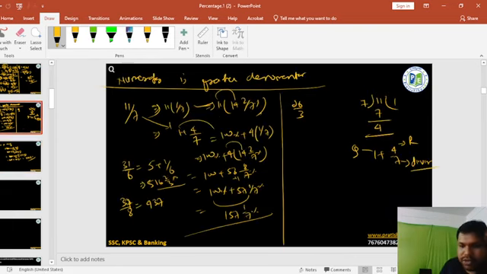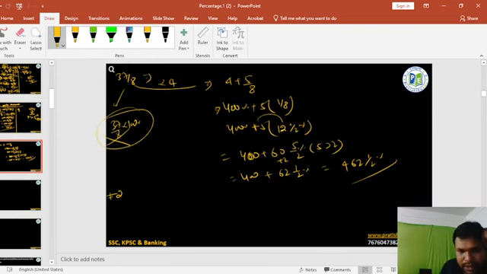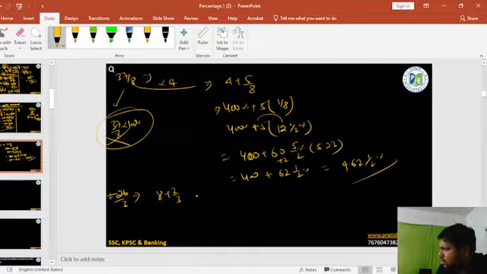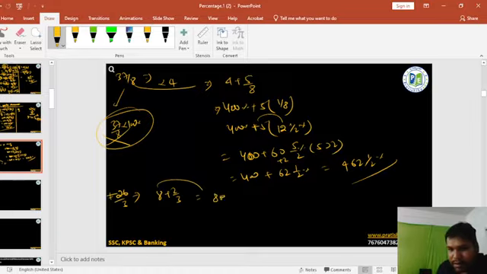Next, the final one is 26 by 3. Everyone, what answer did you get? 26 by 3. Write it down: 3 eights are 24, plus 2 by 3. Now 8 is how much? 800%.